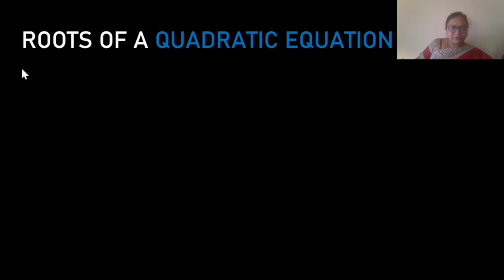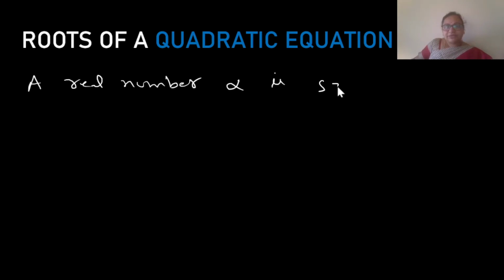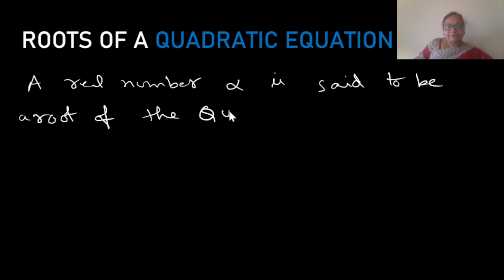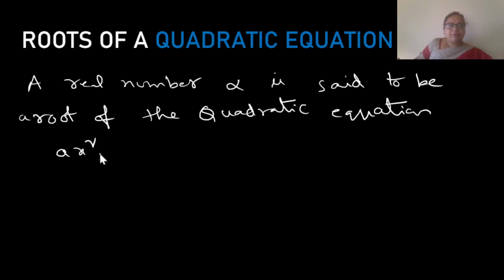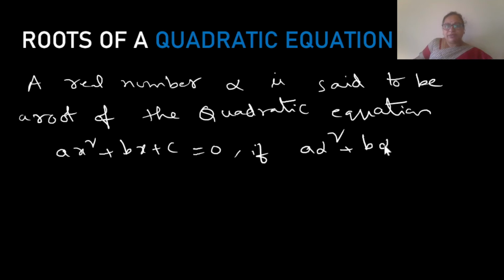So a real number alpha is said to be a root of the quadratic equation ax square plus bx plus c is equal to 0 if a alpha square plus b alpha plus c is equal to 0.